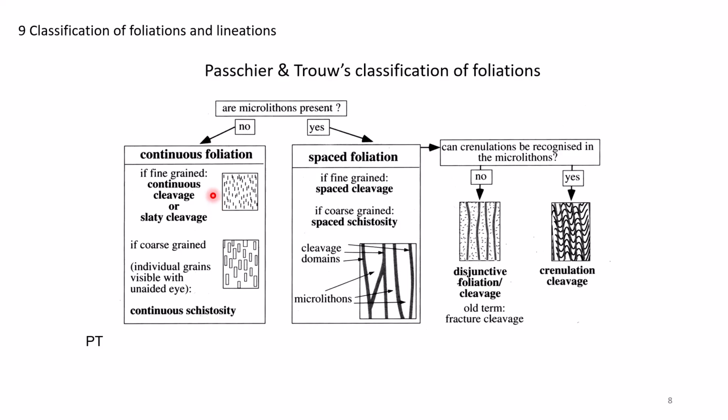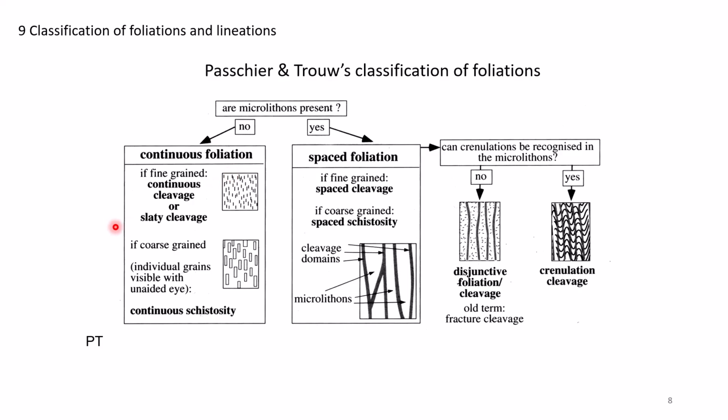Such foliations are continuous cleavages, sometimes also called slaty cleavage. Although, to my perception, the term slaty cleavage has become a little bit outdated. Continuous cleavage is probably the better term for this type of foliation.